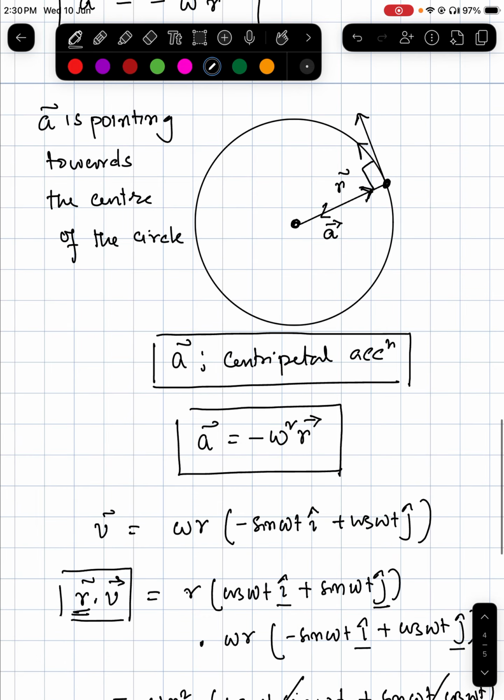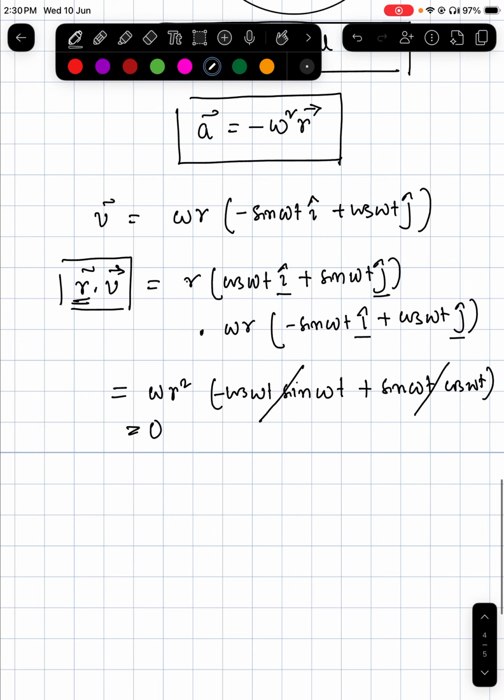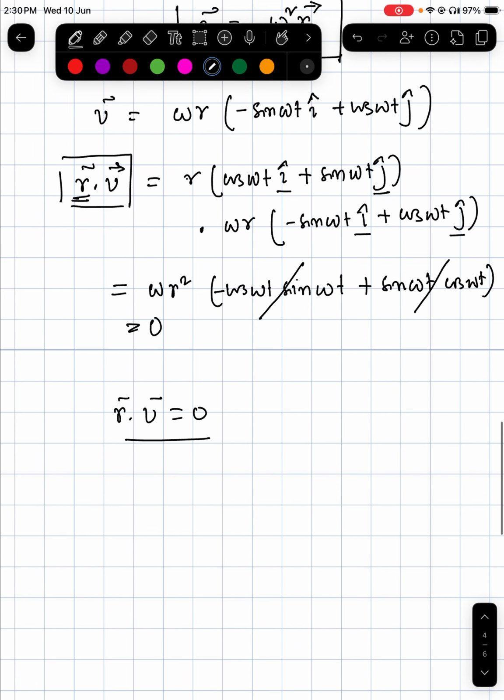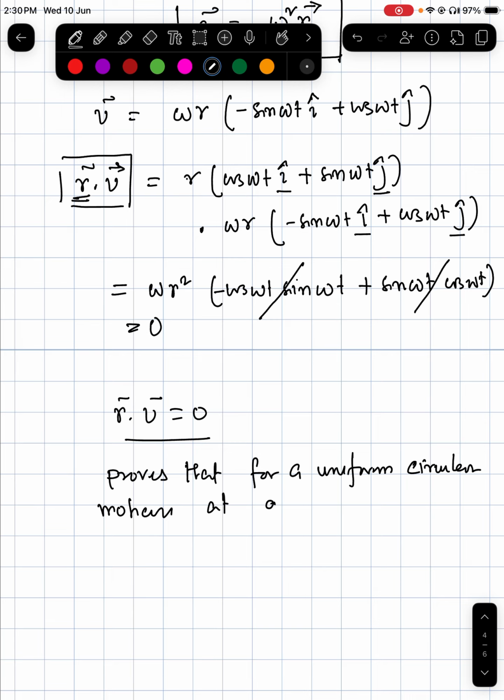So we have explicitly proved here this relation, r dot v equal to 0, which actually proves that for a uniform circular motion, not any circular motion, I should be precise here, at any instant the velocity is tangential.